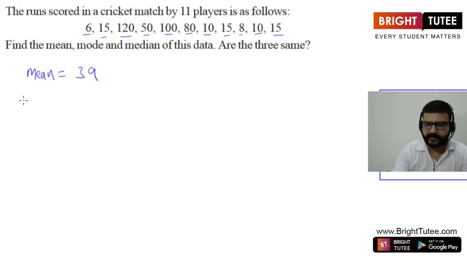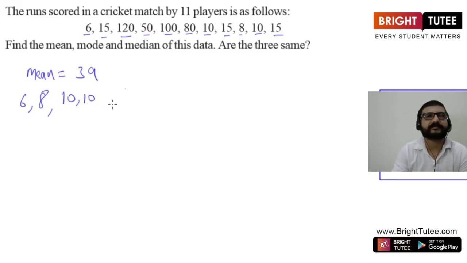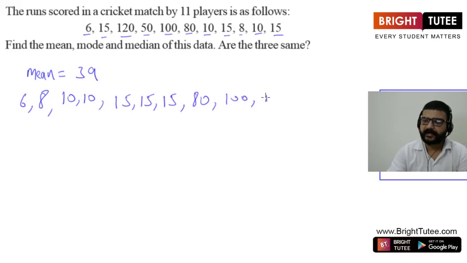So it will be 6, 8 and then 2 times 10, as 10 has occurred 2 times in the data, and after 10 it will be 3 times 15 because it is occurring 3 times in the data, and then we will have 80, 100 and 120. So this is the data arranged in ascending order.